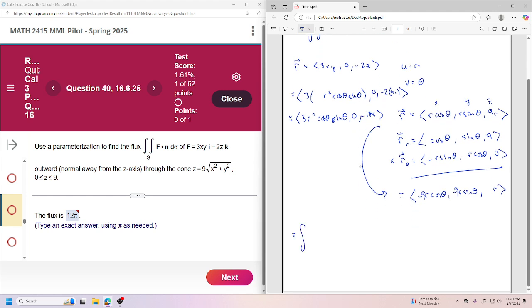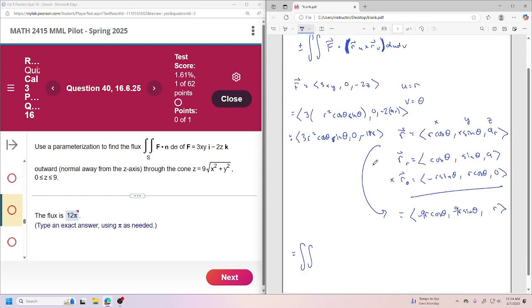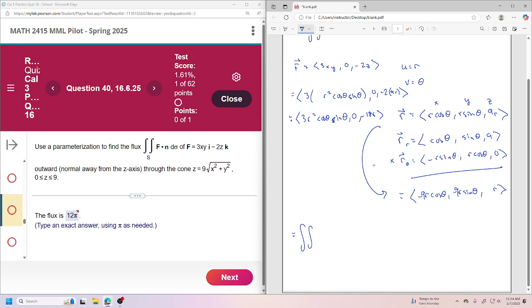So here we go, double integral. It's the double integral of this dot that. So this thing times this thing, we got a negative 27r cubed cosine squared sine, put some thetas in there, plus sine 0 plus sine, and then these two make a negative 18r squared dr d theta. There's no extra r required, it's already been taken care of.